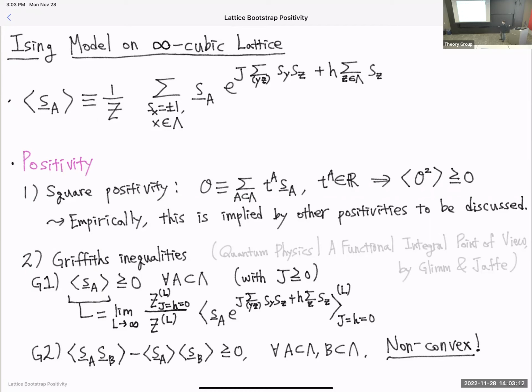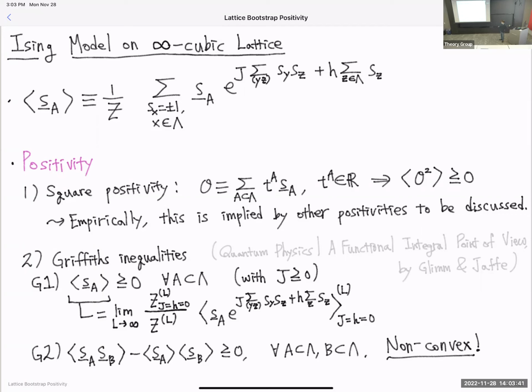The second type of positivities are something known as Griffiths inequalities. You can find an introduction to these inequalities in the classic textbook by Glimm and Jaffe, for example. There are actually infinitely many such inequalities, but I'm going to tell you about only the first two. So G1 is the first Griffiths inequality, and it's just saying that in the ferromagnetic case, all these spin correlators are positive. How do you prove it?